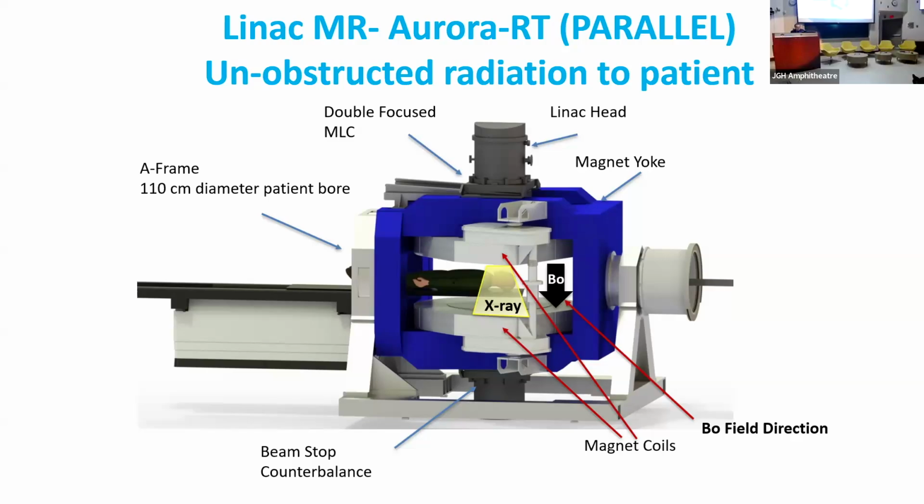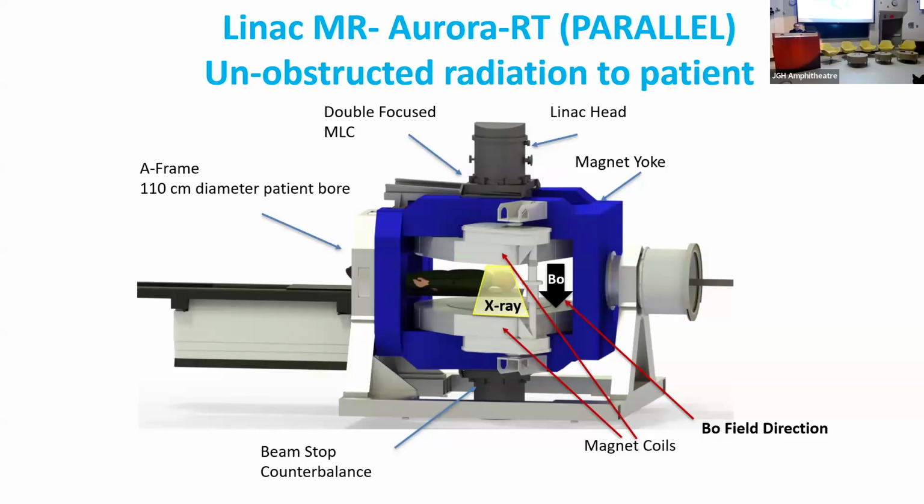And I make sure that the magnetic field at the multi-leaf collimator is essentially 0 to avoid focusing of electrons, what are called contaminant electrons, produced when the X-ray beam from the linac hits the MLC. That's technical stuff, not to worry about. On the other side, we have a beam stop, which simply means you need much less radiation shielding in the room, one half the size of a regular linac.